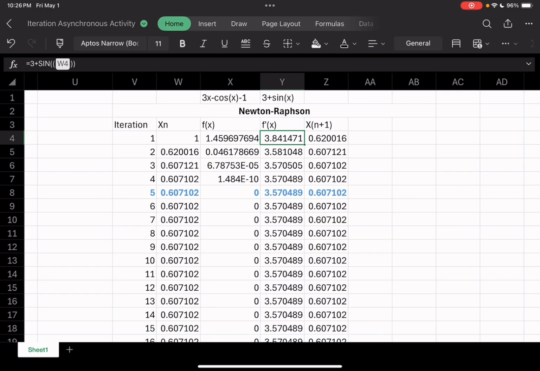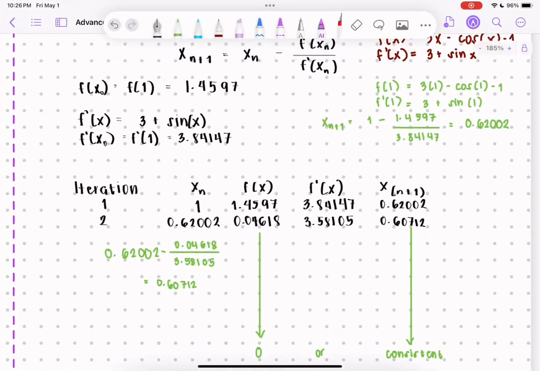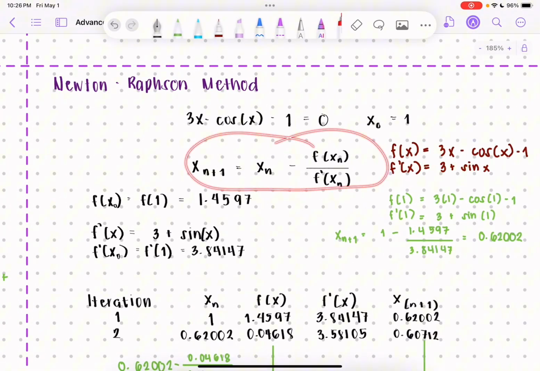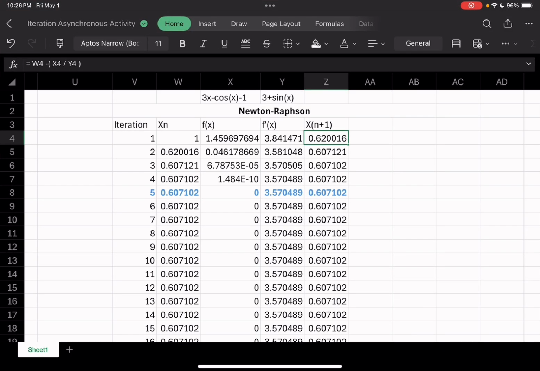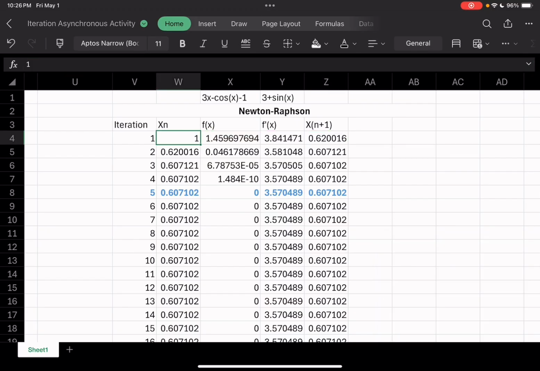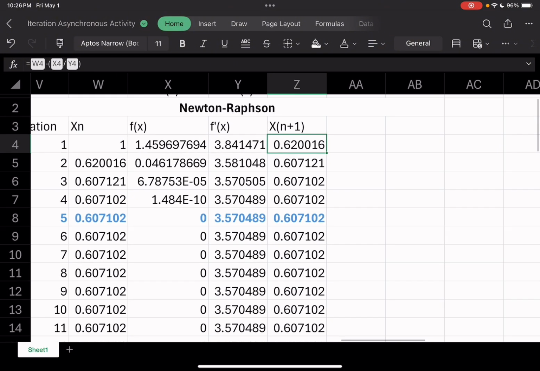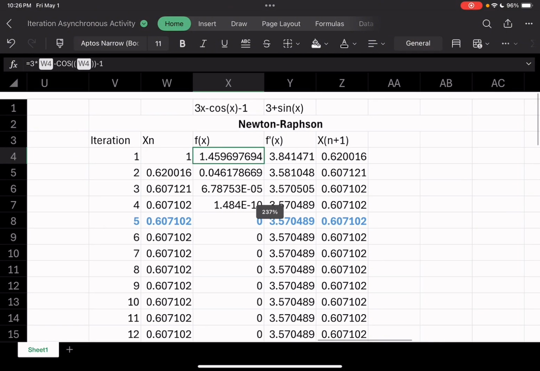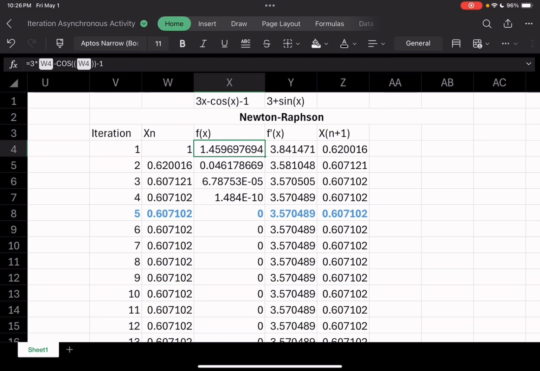And lastly, for the x sub n plus 1, just like the formula I wrote here, we are going to subtract from x sub n, that would be w4, the fraction of f of x, that is x4, over f prime of x, that is y4. So just simply drag this right here and drag it down and drag this down. Now for our x sub n right here, that would be the value of your answer right here. So just simply write equals z4 and you drag that down.